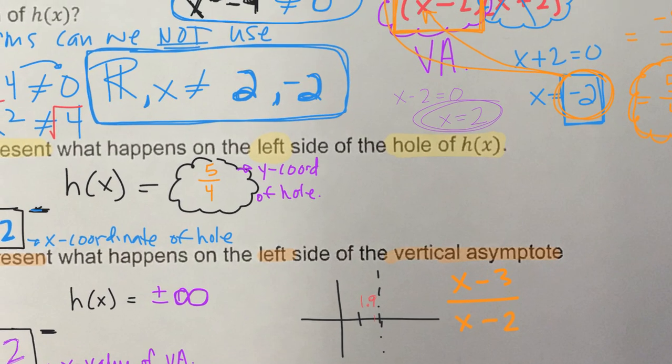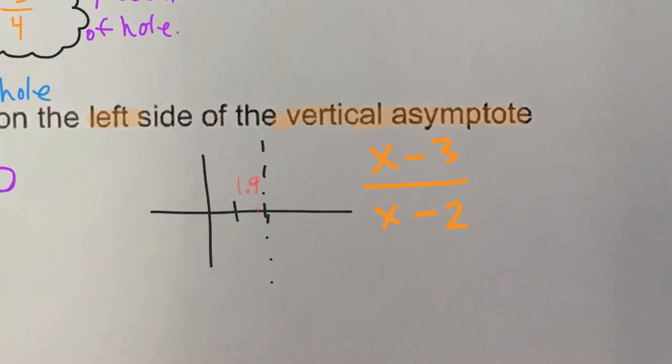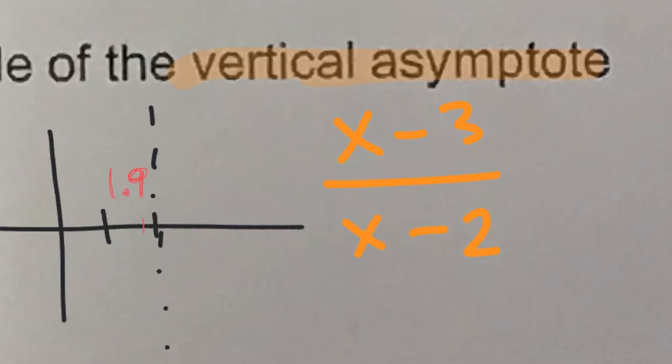That was our equation up here. So when I plug in 1.9 for my x, I get 1.9 minus 3.